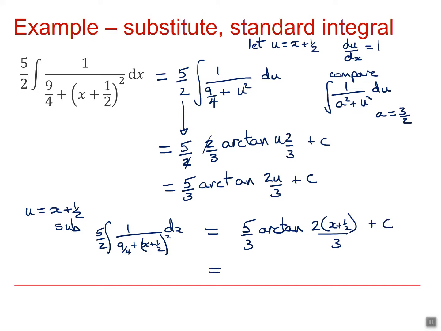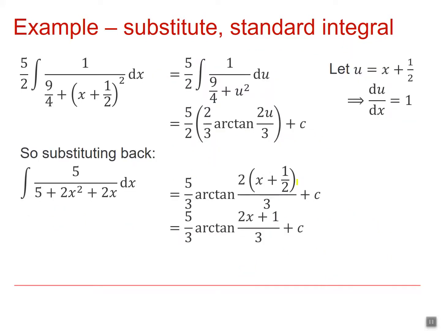And of course we can do a bit here as well, so actually that gives me 5 over 3 arc tan 2x plus 1 over 3 plus c. Okay, so there it is tidied up for you. Down here we've worked the integral through in terms of u, and then down to our final result down here.